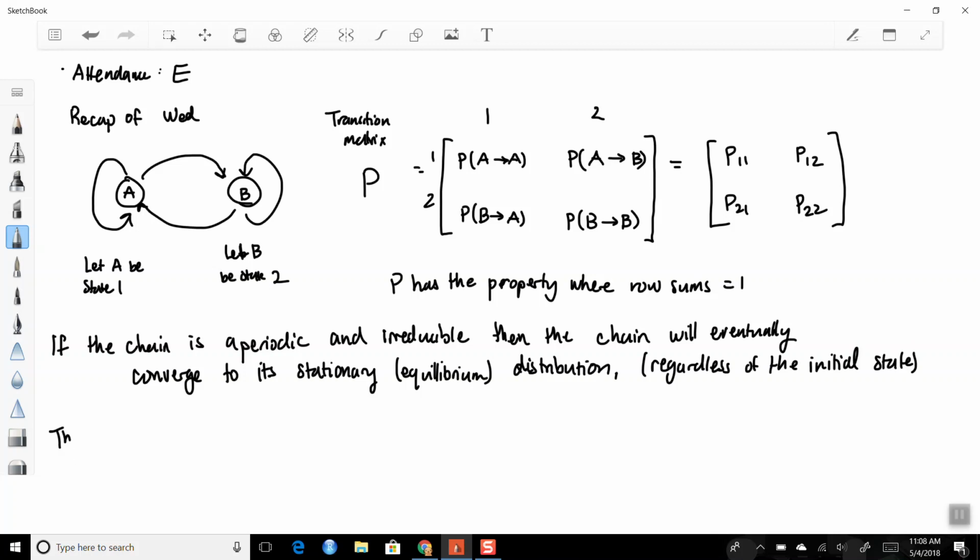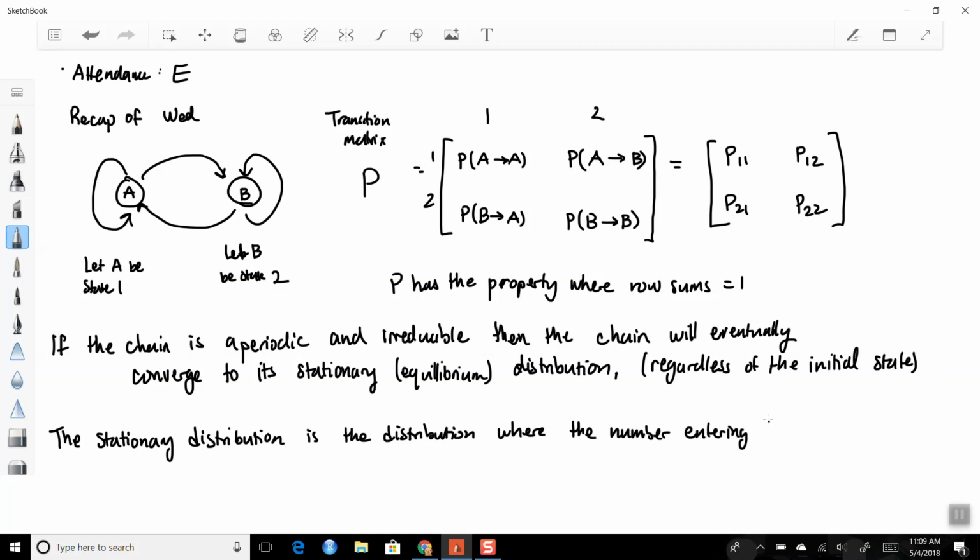And the stationary distribution is the distribution where basically the number entering the state is equal to the number leaving the state for all states.